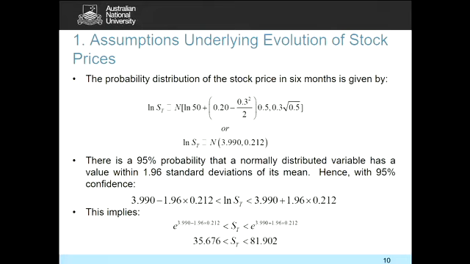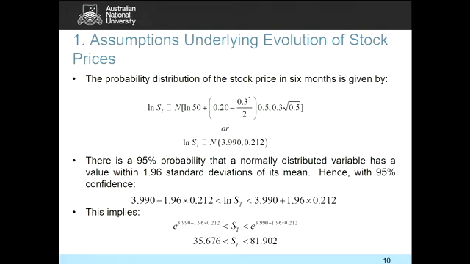Plug that into my calculator, gives me 3.99 and 0.212. Okay, so my risk is 21.2% over that 6-month period. And then my mean is 3.99, which means nothing, because it's the natural log. So if I actually wanted to get the value, I'd have to reverse it out. So I would say e to the power of 3.99, that would give me my expected value.